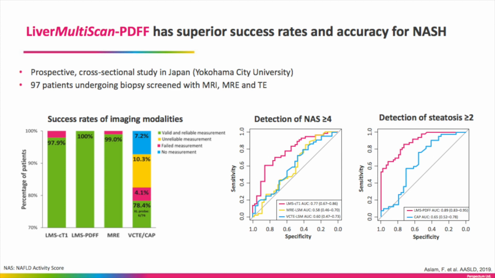The graph on the right shows that the area under the curve for PDFF in pink is significantly better than that for FibroScan's CAP value in blue, both for the detection of subjects with a NASH of 4 or more and for the detection of subjects with steatosis grade 2 or more.